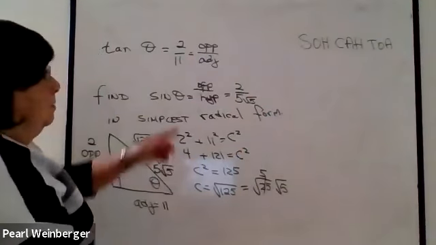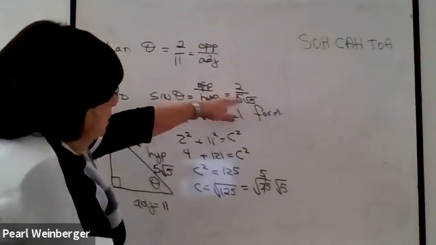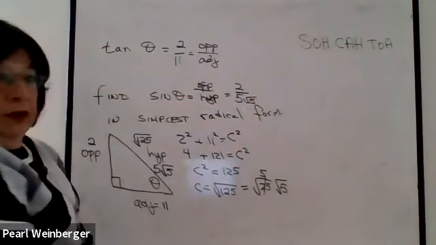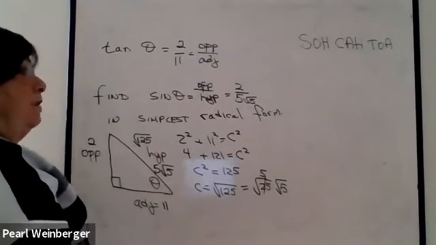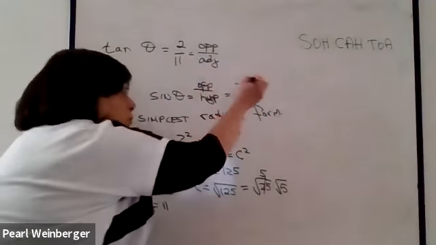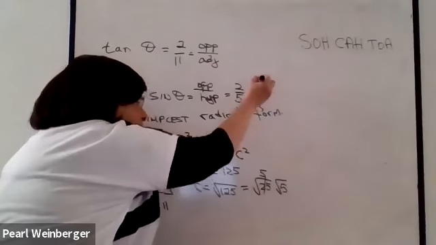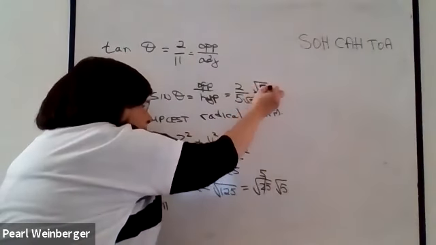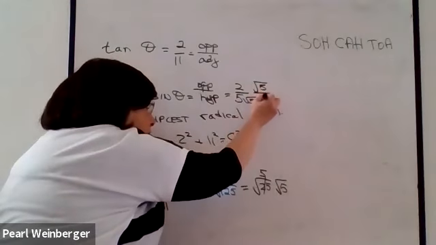The only problem is that I don't like a radical in the denominator. If a radical comes out in the denominator, we have to rationalize it. So I'm going to multiply top and bottom by radical 5.